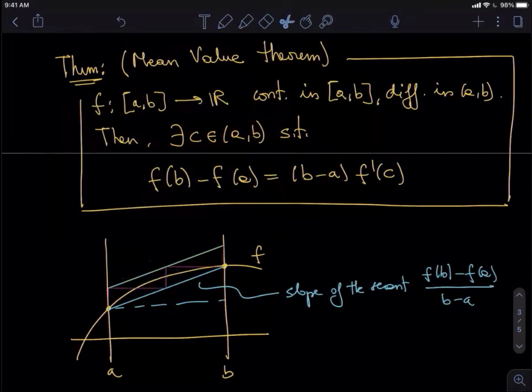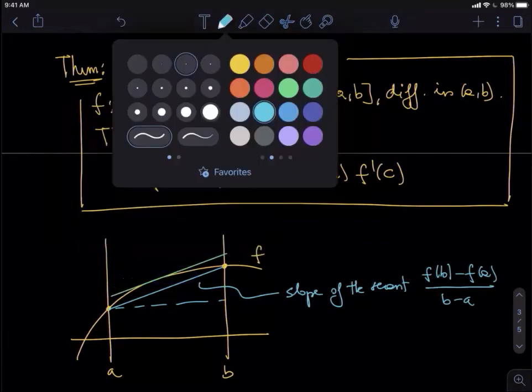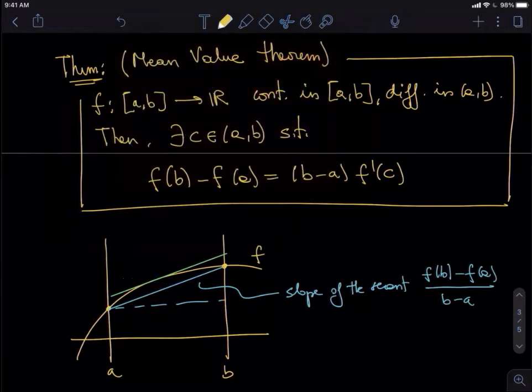There is a point in the interval such that the slope of the tangent is precisely the same. And that point is c in the theorem. And then f prime of c equals the slope of the tangent. So that is what the theorem is saying.